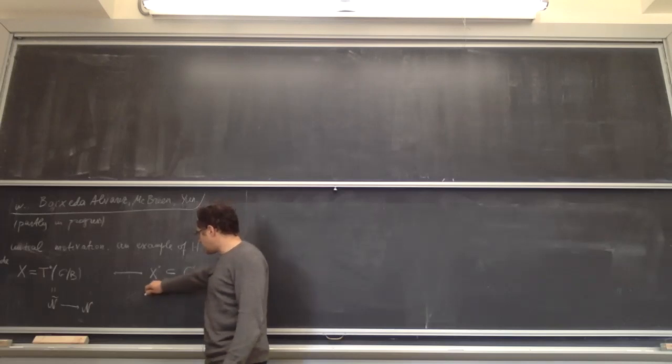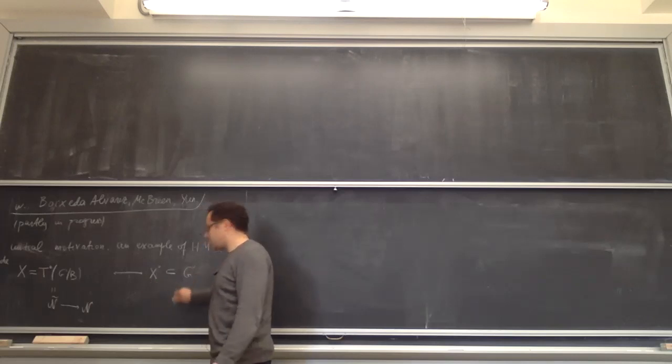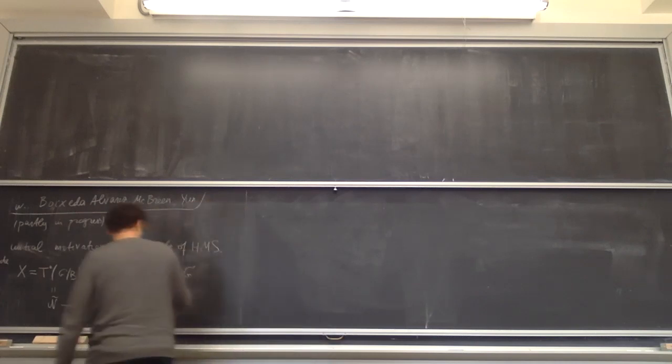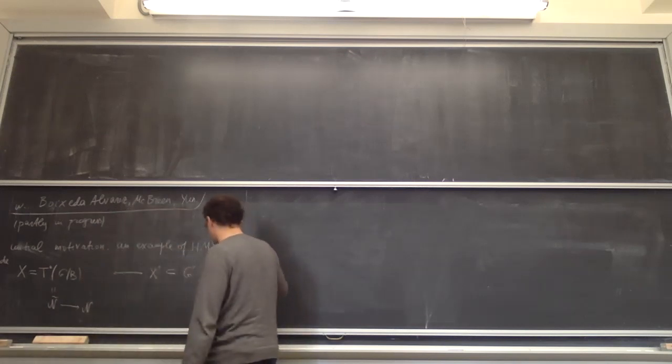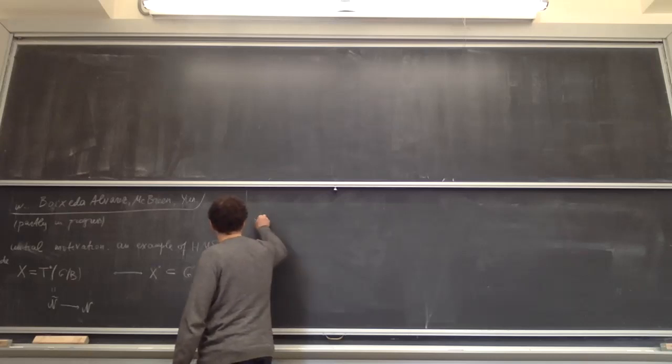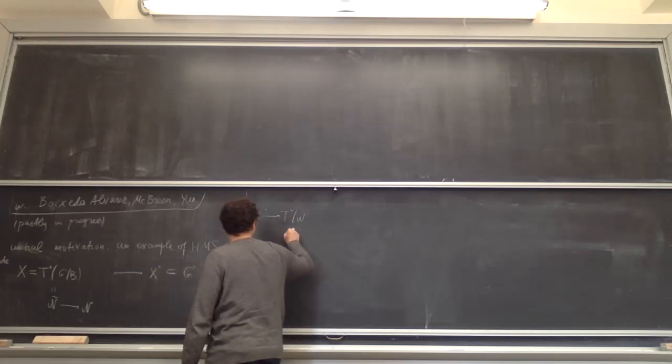Maybe the fastest way to say it is that it's a generic Poisson leaf in the Poisson dual group to G check. But more precisely, I take G check, which goes to G check mod W, and here I take some S generic.